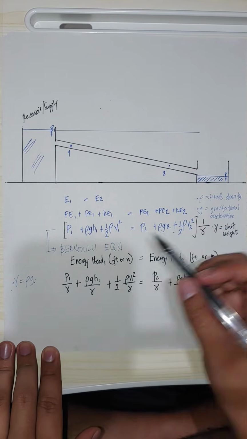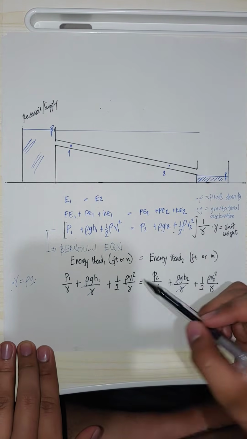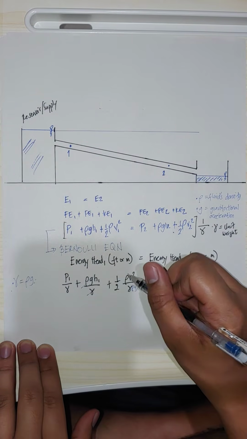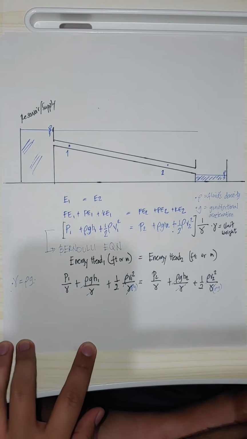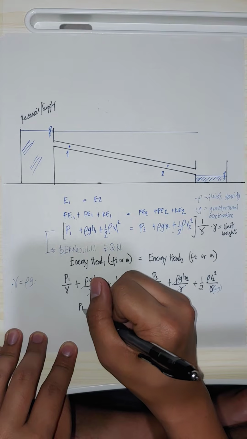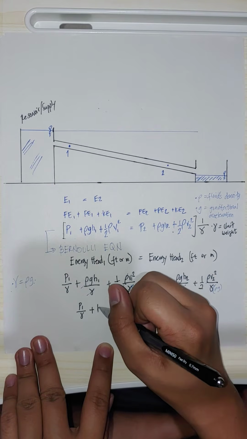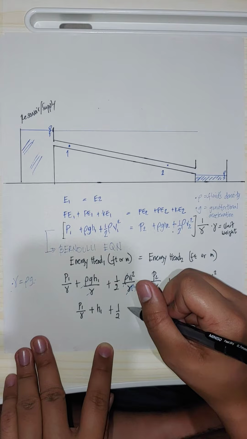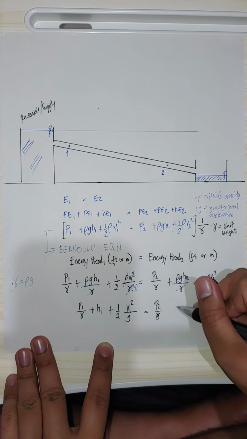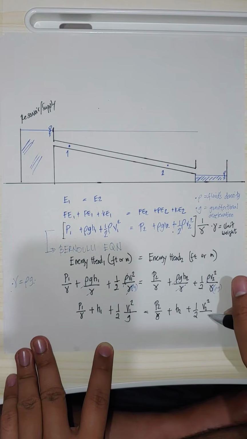So since gamma is rho g, we can cancel rho, and g remains. So our final Bernoulli equation in energy head: P1 over the unit weight gamma of the fluid plus H1 plus 1/2 V1 squared over g is equal to P2 over gamma plus H2 plus 1/2 V2 squared over g.